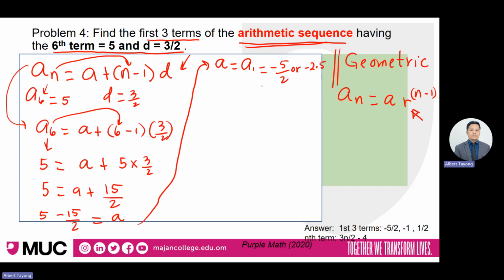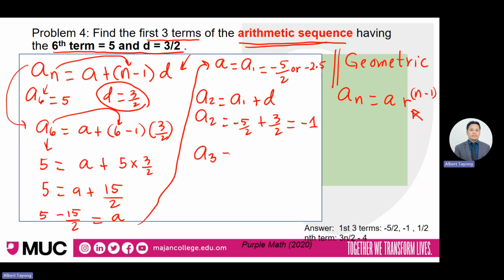So we have already a sub 1. We can get the second term by adding d to the first term. So the second term is the first plus the d, or you can use the formula. So the second equals negative 5 over 2 plus our d, which equals negative 1.